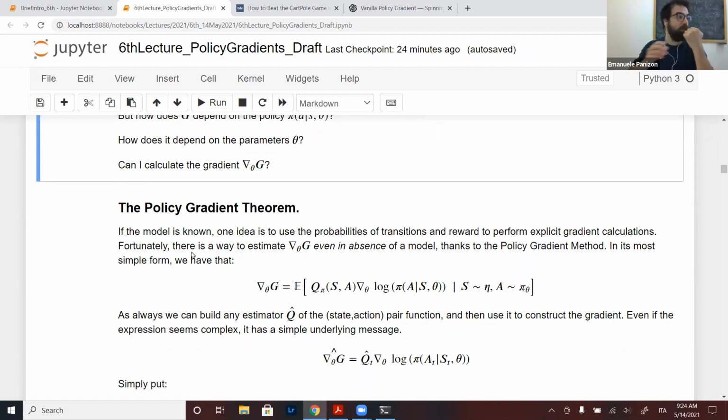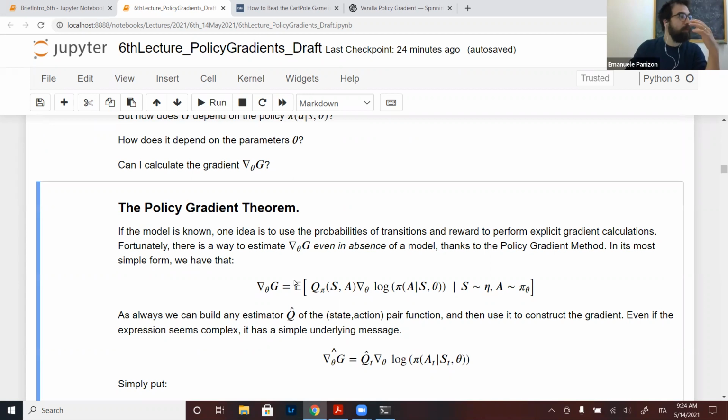Fortunately, there is a way to calculate this gradient even in the model-free case, which is where we are going now. The policy gradient method, in its simplest form, says that we can calculate this gradient, and we just need the expected value of this term here.